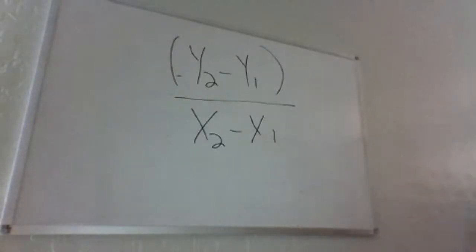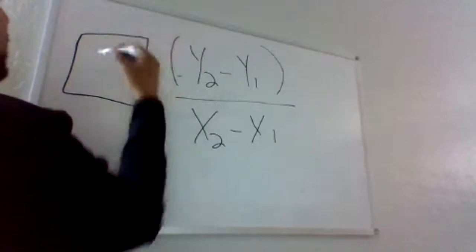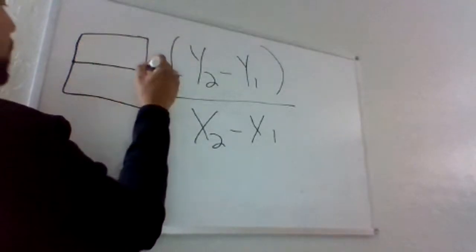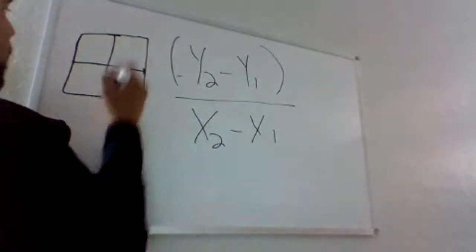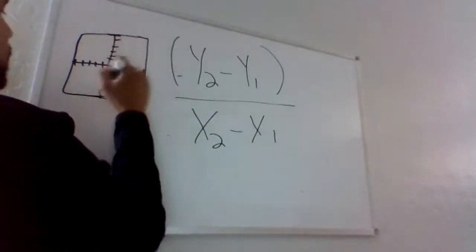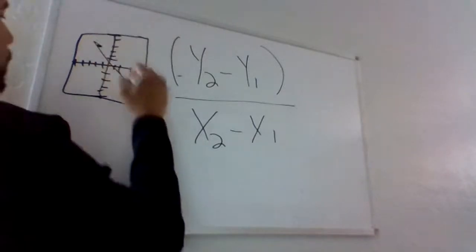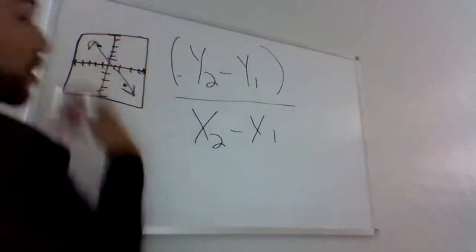So if I have a graph, and let's say they just gave me 2 points. There's a couple ways this question will show up. I have a graph, and they gave me 2 points, and they might ask you what the slope is.